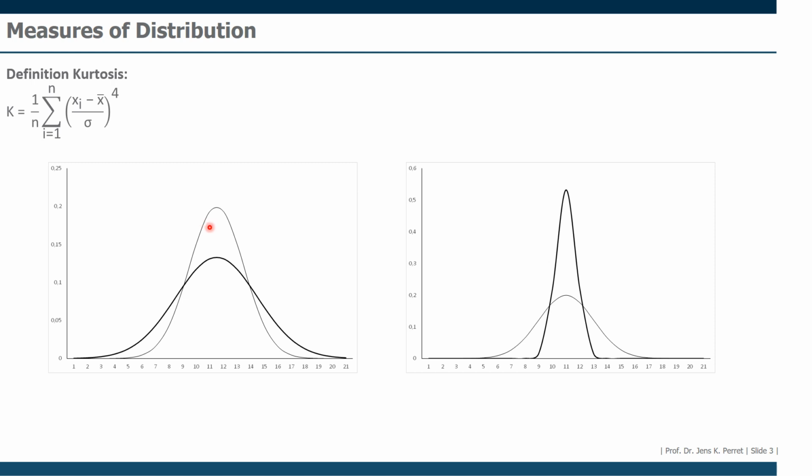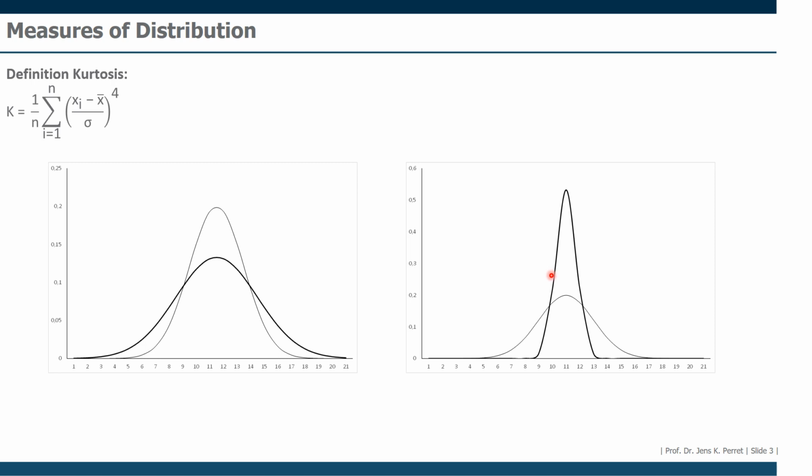The normal distribution here, that's the fine lined curve, has a kurtosis of 3. So we can decide whether the kurtosis is actually larger or smaller than it would be for the case of the normal distribution. And we have two possibilities in this case. I'm going to start with the right one first. Here it's much steeper than with the normal distribution.